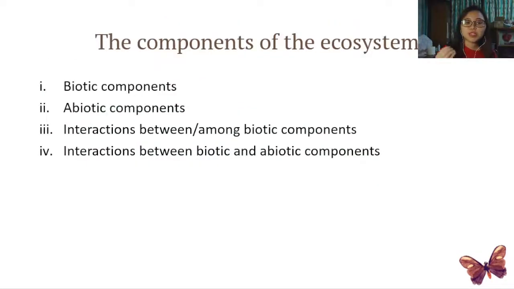Now let's move on into talking about the components of the ecosystem. When we say ecosystem, it will consist of biotic components, abiotic components, the interactions among biotic components, as well as the interactions between biotic and abiotic components.